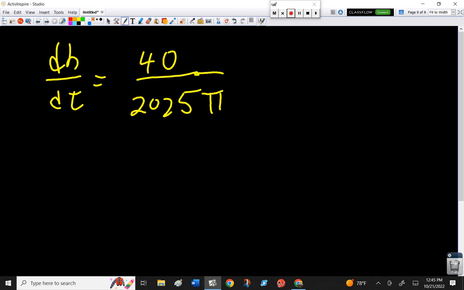This can all be simplified by, not everybody at once, 5. So this will be 8 over 405 pi. And now let's write the units of measure.